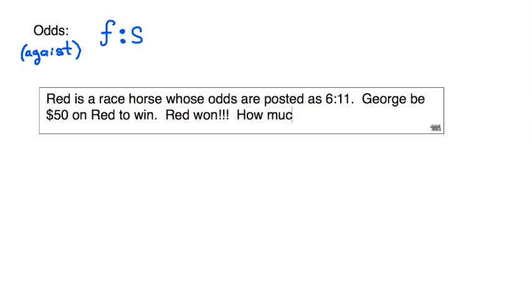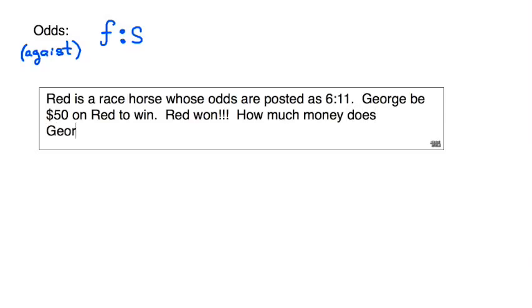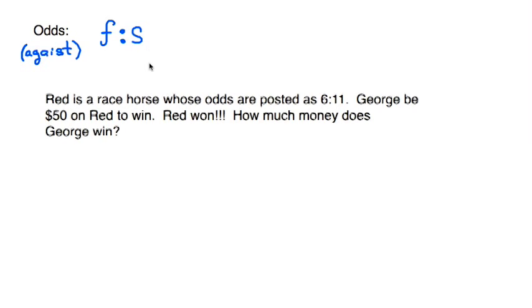How much money does George win? Now, of course, he gets his original bet back, so he'll get the $50 back, but we're just interested in his profit. So to deal with this, we're going to work with the odds, the failures to successes. In this case, the failures are 6, the successes are 11.